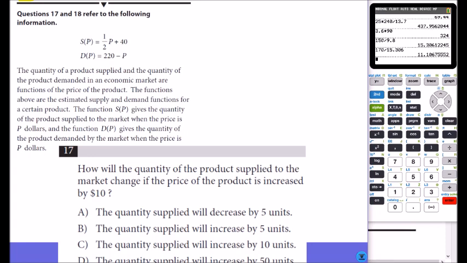The function S(P) gives the quantity of product supplied to the market when the price is P dollars, and D(P) is the quantity of product demanded at price P. So how will the quantity of product supplied change if the price of the product is increased by 10? So if this is increased by 10, what will happen?